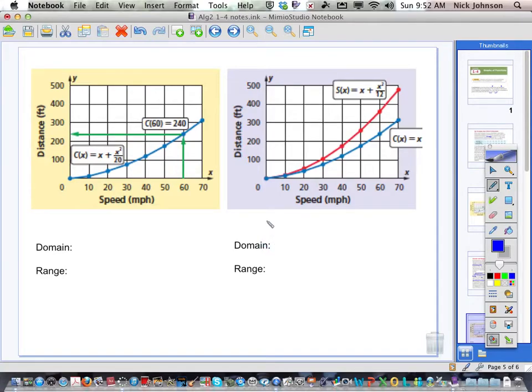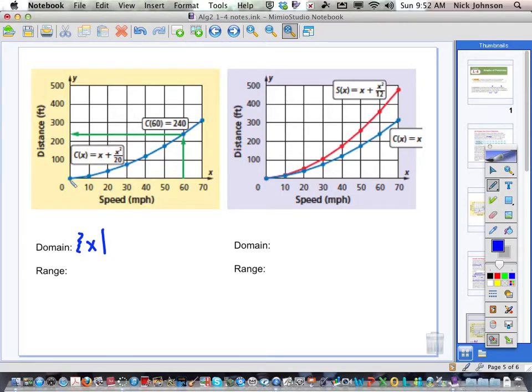So, let's look at this picture. We want to determine the domain and range of these two functions. We just kind of talked about it, but let's actually go through it. Our domain is the set builder notation x such that, because domain are our x values. Where are x values located? They're located right across here.